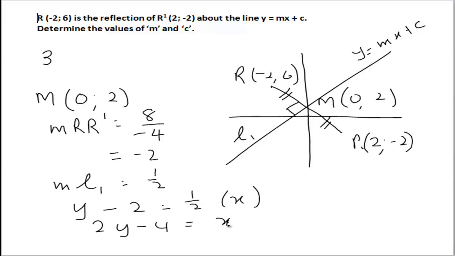So we can leave it as 2y is equal to x plus 4, which is fine. And then they wanted you to write it as y equals mx plus c and find m plus c. So m is the coefficient, which is 1, and then your c is 4. And if they ask you to add those two, it will give you 5.